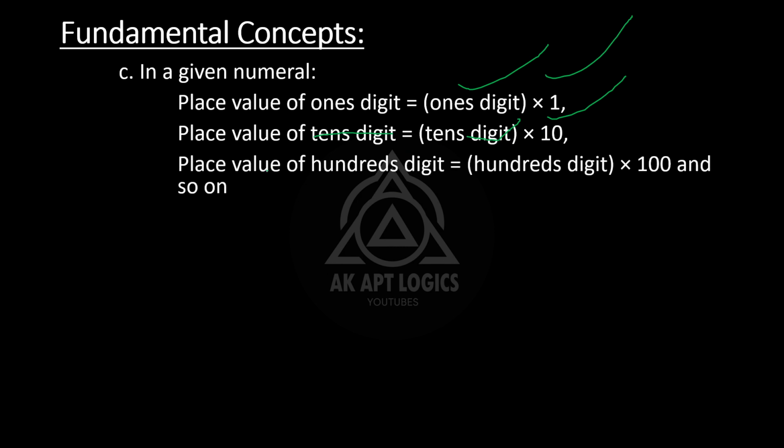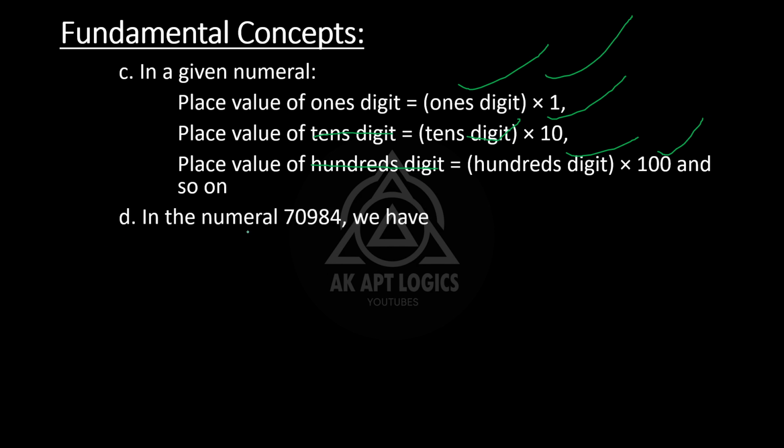Similarly, the place value of a hundreds digit will be the digit present in the hundreds place multiplied with 100, because it's in the hundreds place, right? So I hope you got the place values and the face value of a given particular number.